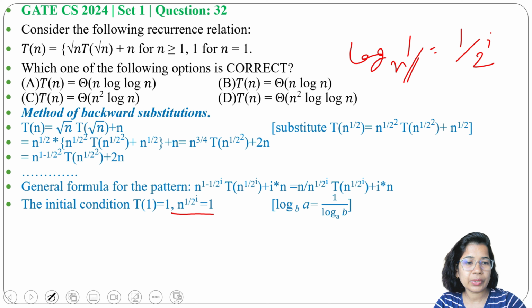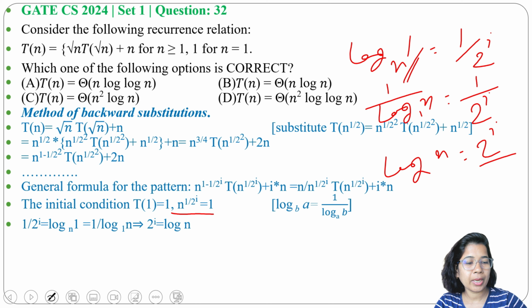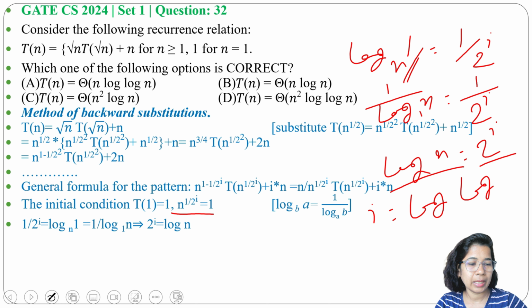And we can switch these two. When we switch, it will be 1 divided by log of n base 1 equals to 1 divided by 2 power i. So log n equals to 2 power i. Now 2 power i equals to log n, so i will be log of log n.